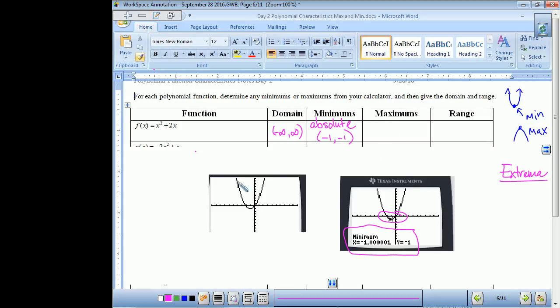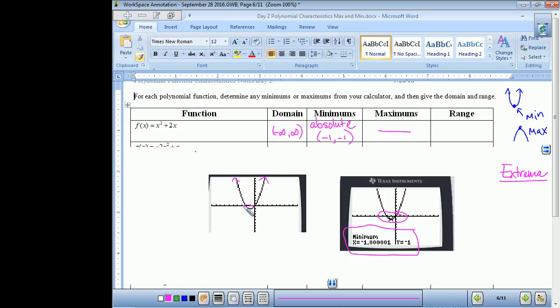Now, maximum, because this function goes up forever, it doesn't have a stopping point. There is no maximum. We had a lowest point, but we don't have a highest point because it goes up forever. Now, range, those are our y values of the function, our output.